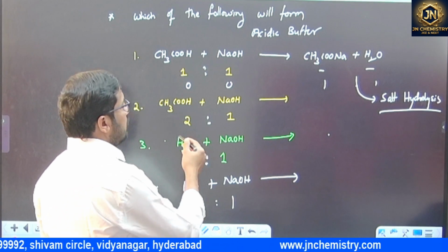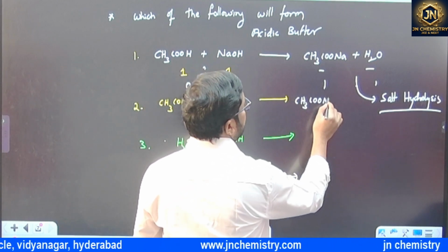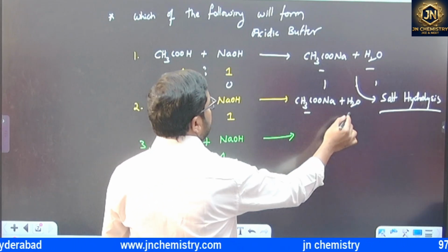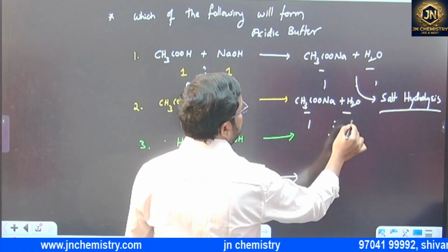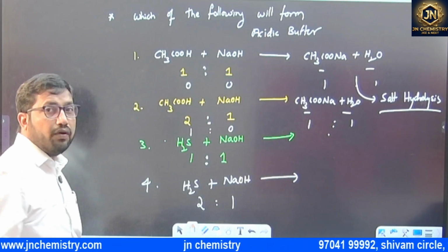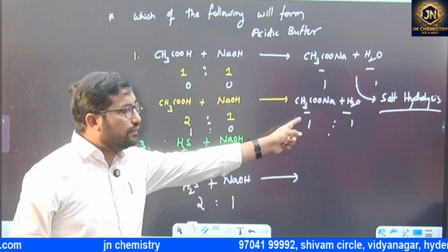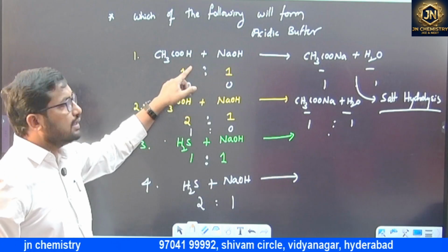In this case, is it forming a buffer solution? CH3COOH plus NaOH. So after the reaction, in the resulting mixture, weak acid and salt of strong base, this combination should be present. But in the above case, there is no weak acid.